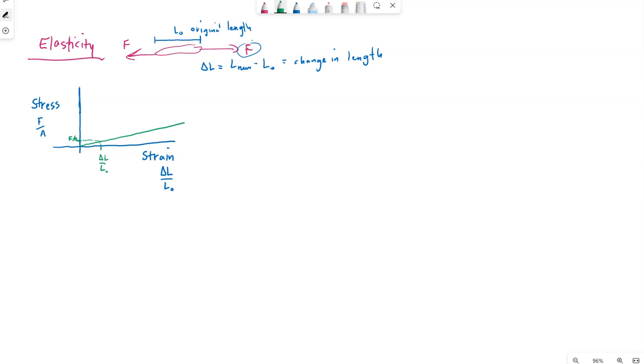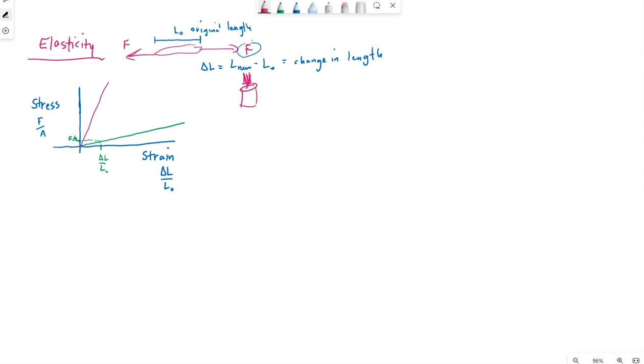If we took something else, so for example, when I was in grad school, I did material testing on bone. And I got these graphs. Mine wasn't pulling on bone, it was compressing. So I had little cylinders of bone and a machine that pushed into the bone.